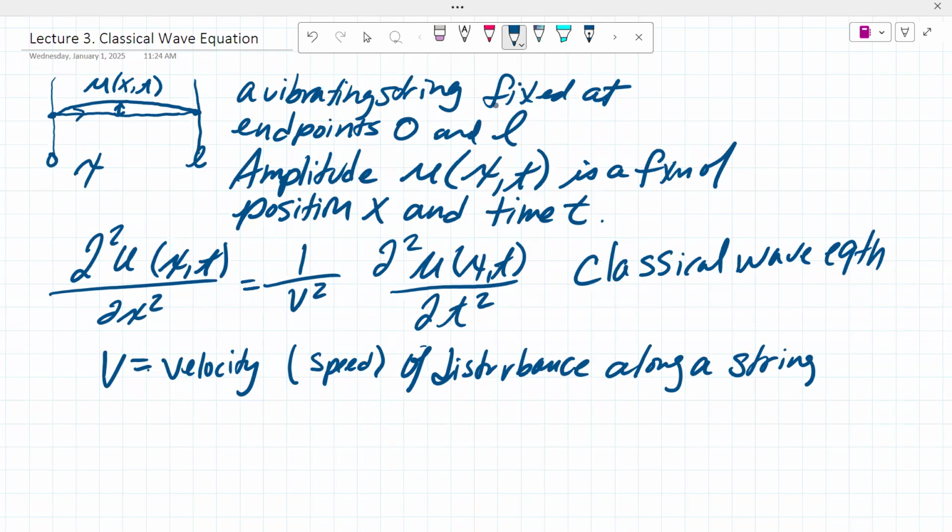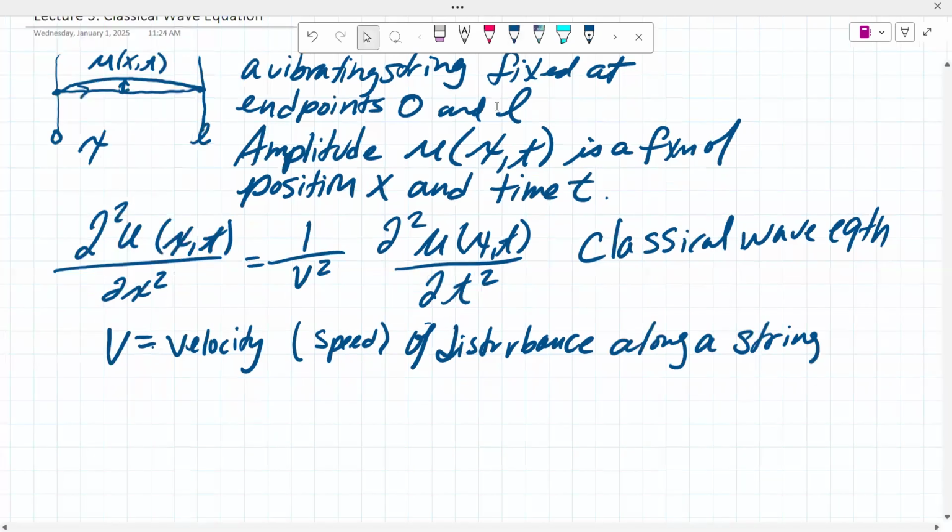Now we have the boundary conditions, which we've already mentioned.